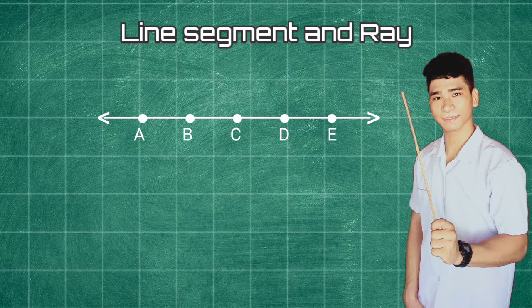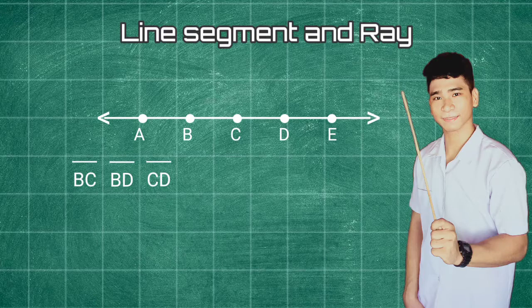Patuloy-tuloy lang siya. And point E is the same, may arrow din, which means infinite din. Yung pinupunto ng line segment is the points between A and E. For example, we have line BC, line BD, and line CD. These examples are line segments.